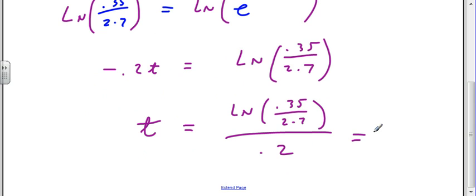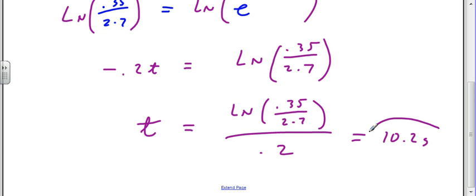Now we're ready: log of 0.35 divided by 2.7, close parentheses, divided by 0.2 equals, and I'm going to have 10.2 seconds.